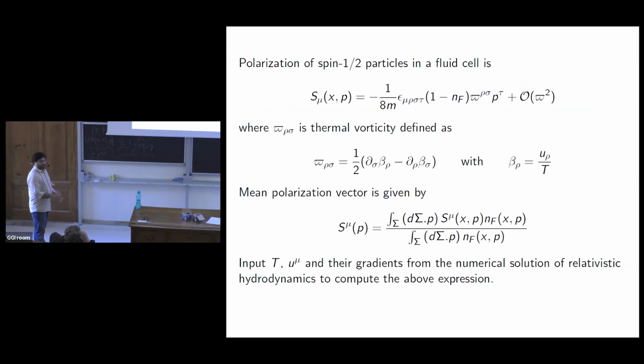It can be treated as a relativistic generalization of the usual vorticity, but it contains much more information than the usual vorticity. Anyways, the mean polarization is obtained by averaging over the hypersurface using this prescription. So to evaluate this expression, we just need temperature, flow velocity, and the gradients on the hypersurface, put in here, compute the integration, and that's it.